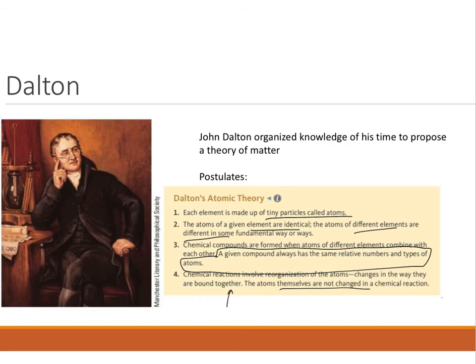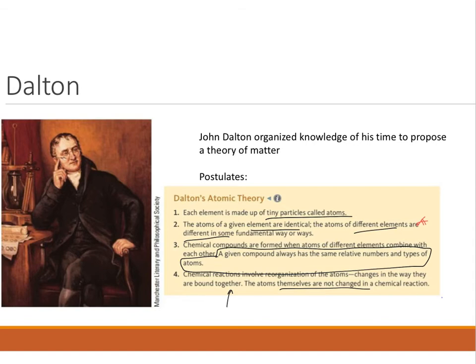Now, some of these we know now from a modern perspective that they don't hold up. So, for example, postulate number 2, we know that not all atoms of a given element are identical to each other. We have things called isotopes, which are elements which differ in the number of neutrons within their nucleus.